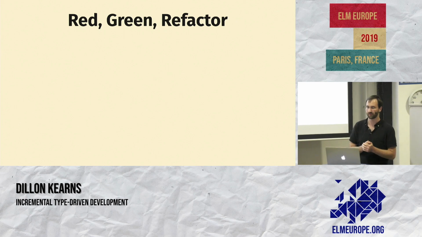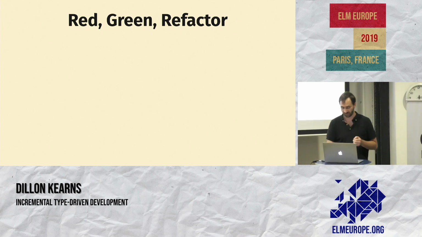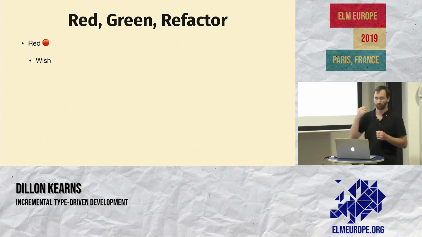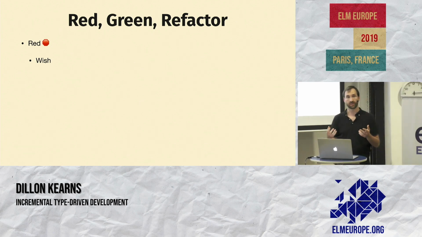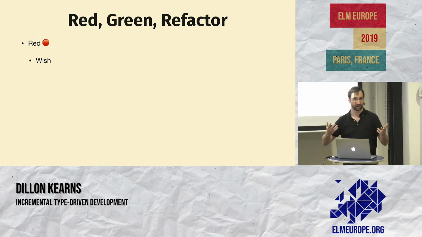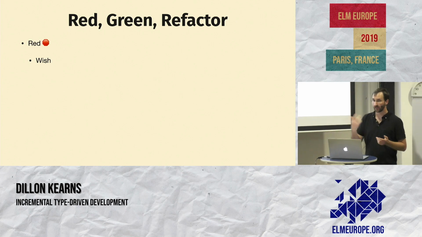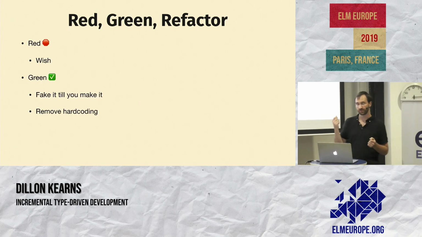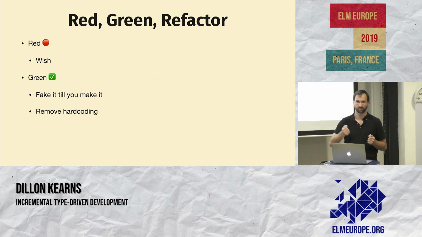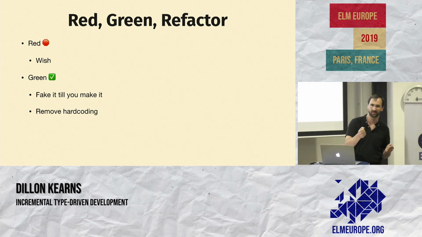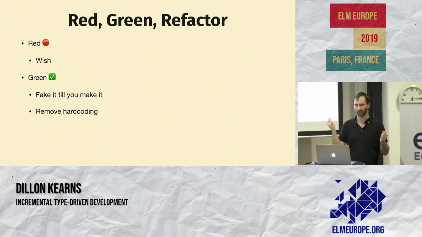Test-driven development has this core concept of the red-green refactor cycle. That's what we're going to be doing here. When you go through the red cycle, you make a wish. You write code as if you had it, even though you don't. And then you try to make that wish come true, but you do it the quickest, dirtiest, simplest way you possibly can. So you fake it till you make it, you hard code, you use all the dirty tricks you have at your disposal to just make that thing pass.